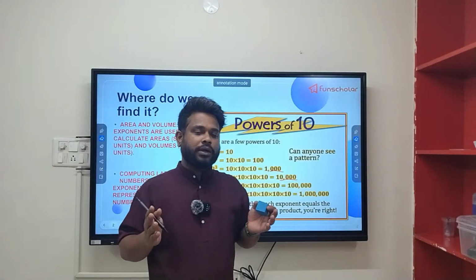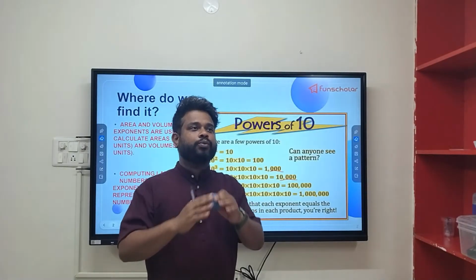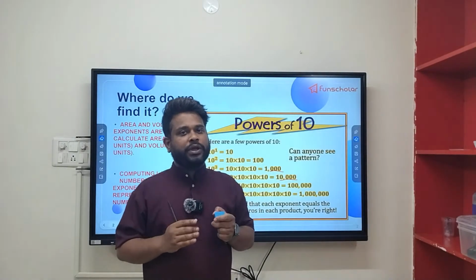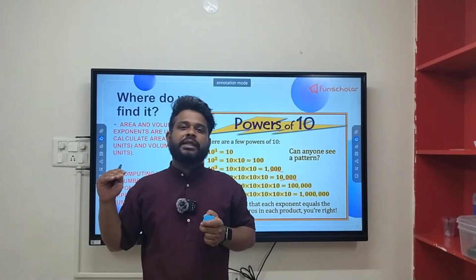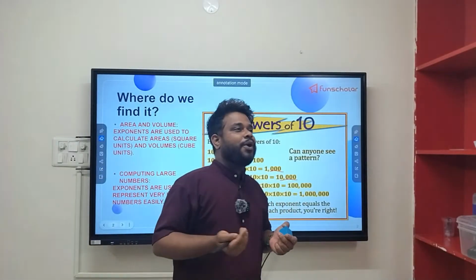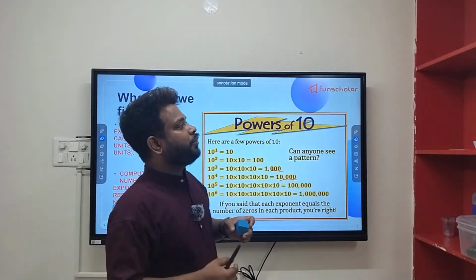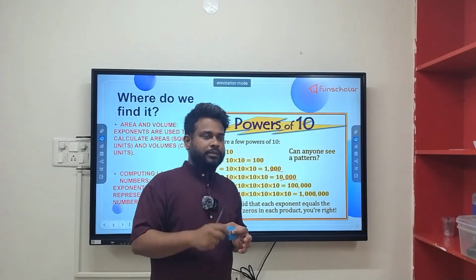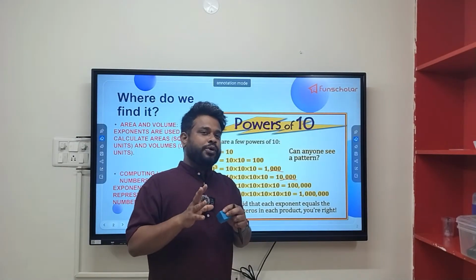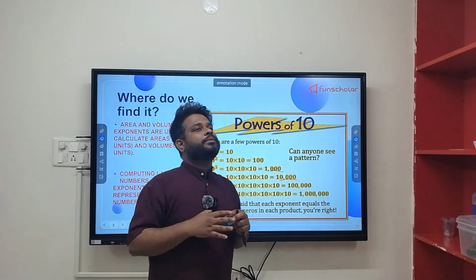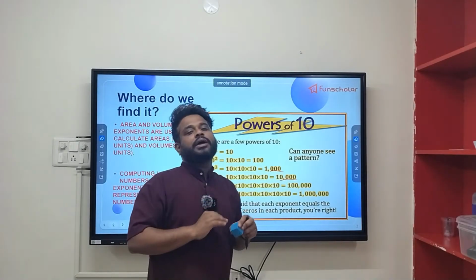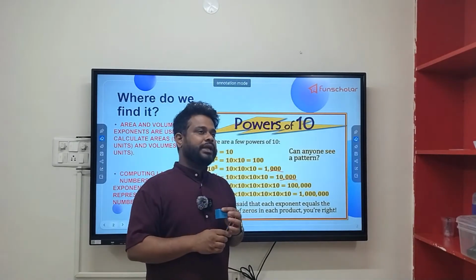There are also cuboid or cube-like aquariums you can see in the fish market or fish shops. They pour water into that aquarium, and to know how much water it will take to fill the cube, they need volume.